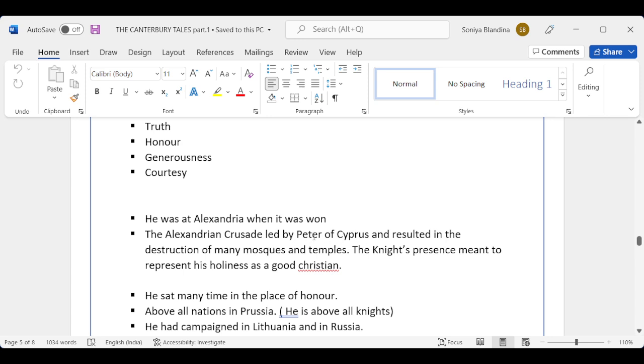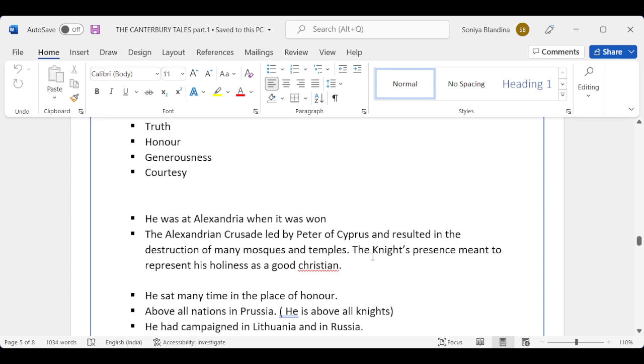So what is the crusade? What is the battle about? Destruction of mosques and temples. Okay, so this war was led by Peter of Cyprus. Okay, so during that war, they were destroying the mosques and temples.